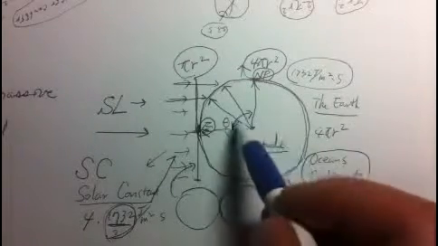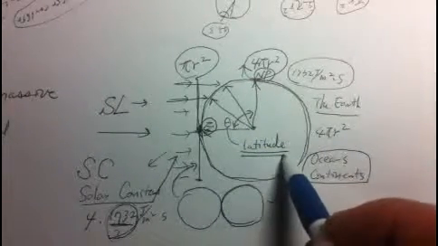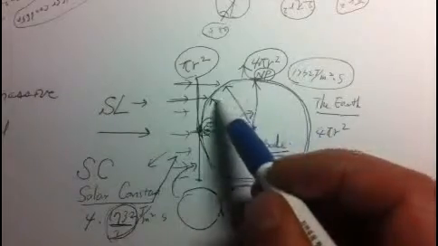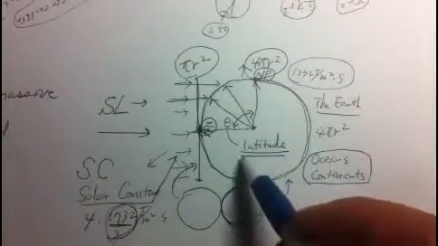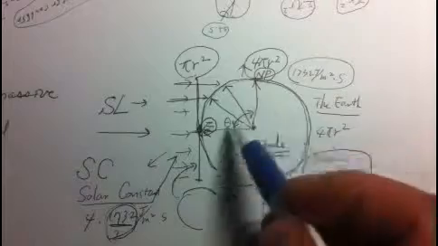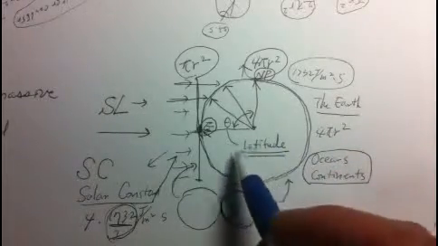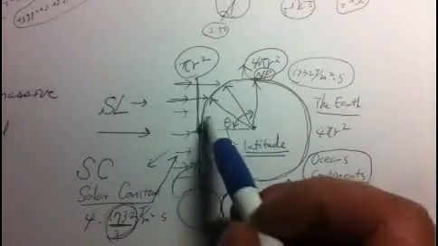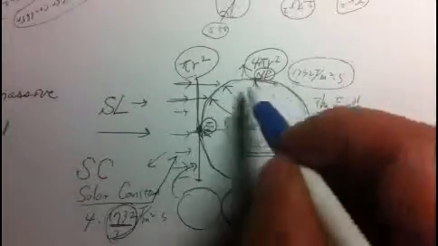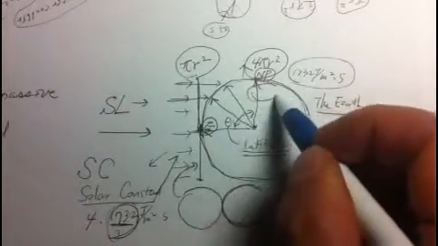Then we can measure the latitude, with many big circles made by the Earth's rotation like this.